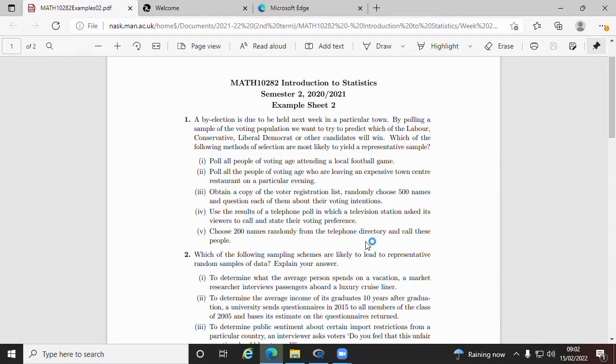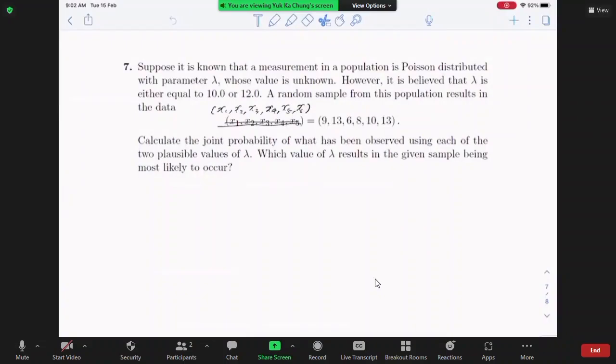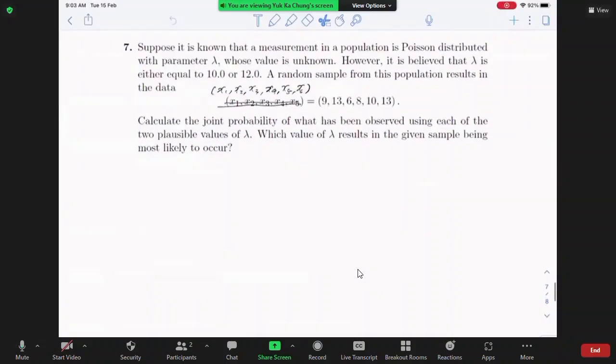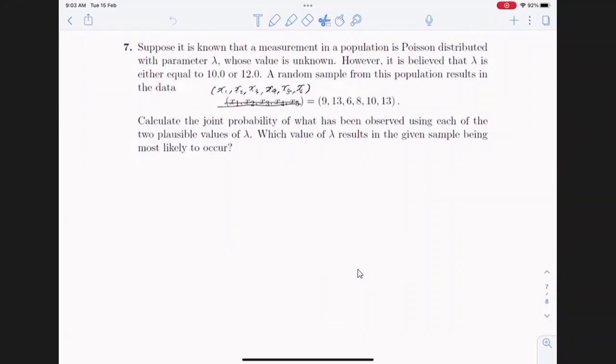If you have no suggestion, then I will start from the last one and go back from 7 to 6 to 5, because usually the questions put at the end of the list of the example sheet will be regarded as difficult. So in question number 7, have you tried to do question number 7?